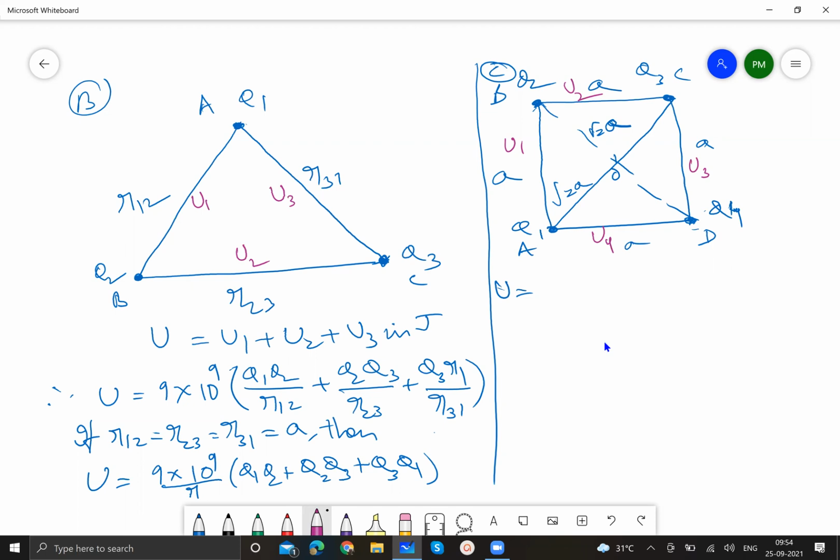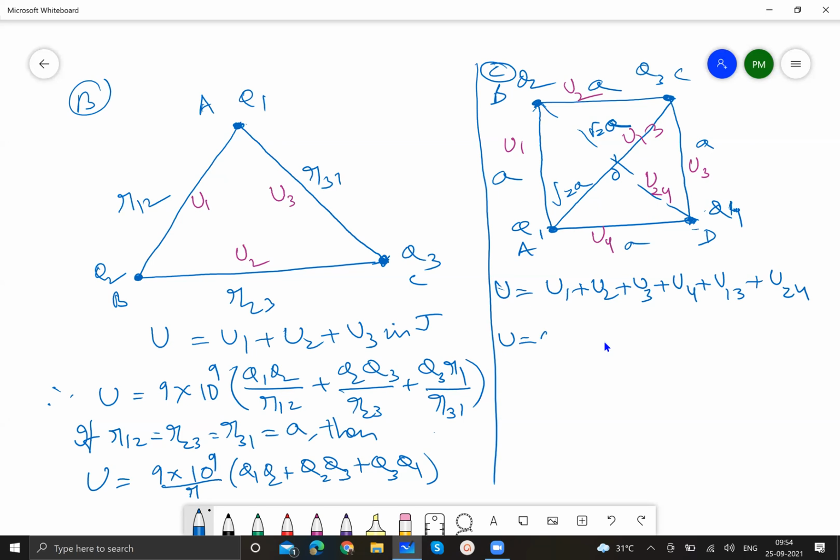Q1, Q3, it is U13. Q2, Q4, it is U24. Therefore, the total electrostatic potential energy is given by U1 plus U2 plus U3 plus U4 plus U13 plus U24.